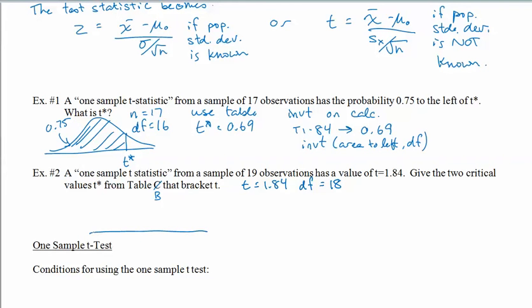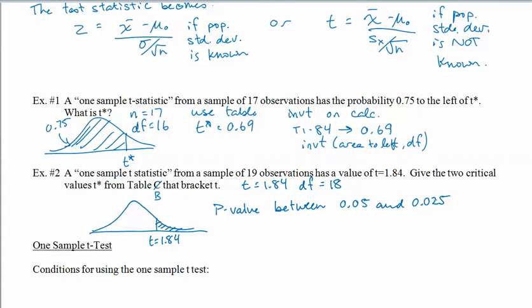And looking at our sketch, if t is 1.84, we're looking for this area, so the p-value, in other words. The p-value here is going to be between, when you look on your table, 0.05 and 0.025.